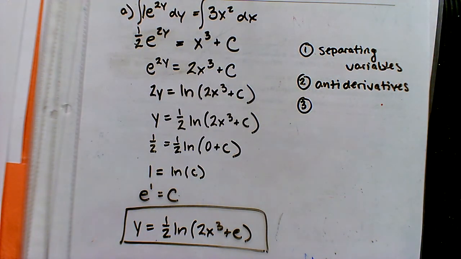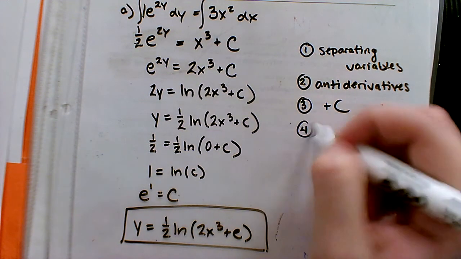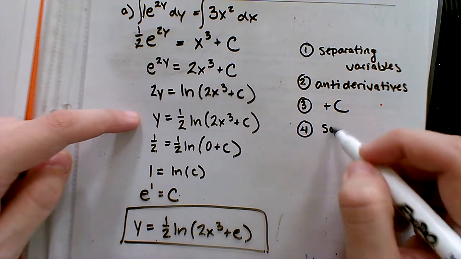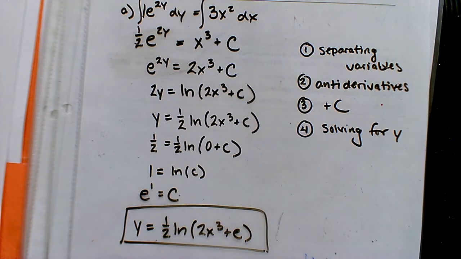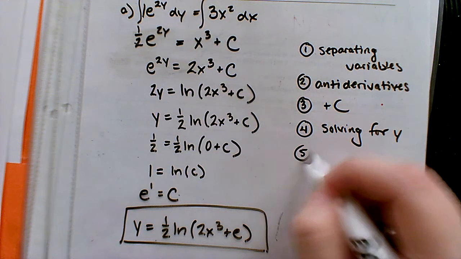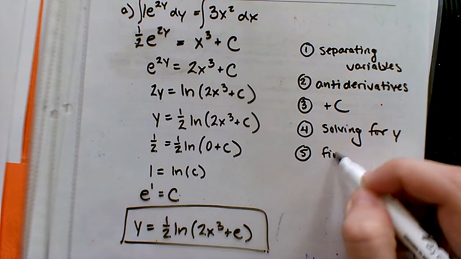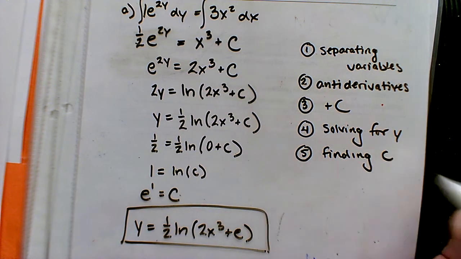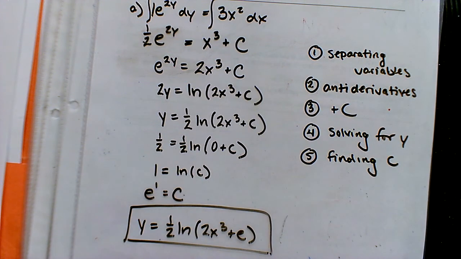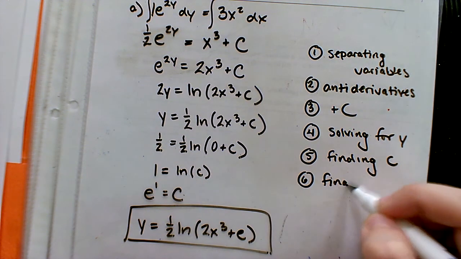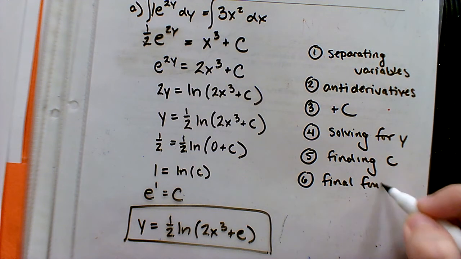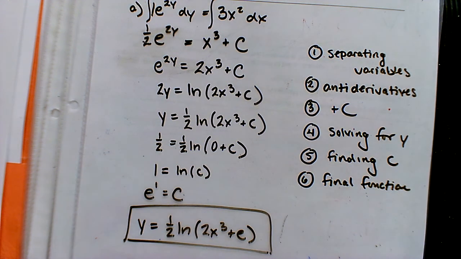It would have to be both, kind of all or none. You would have got another point for writing the plus c. You would have got another point for solving for y. You would have got another point for finding the c value, aka using that ordered pair. And you would have got the last point for your final function or solution.